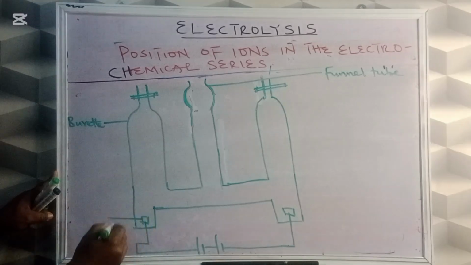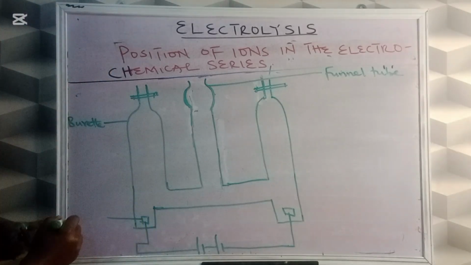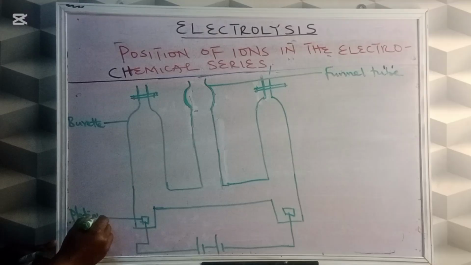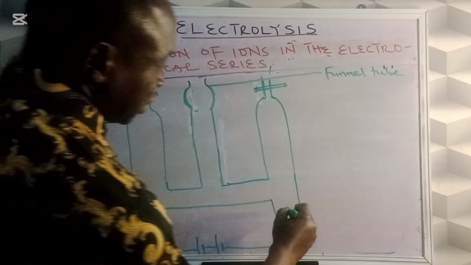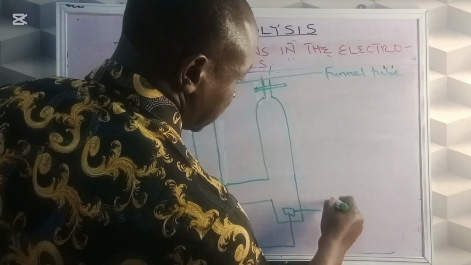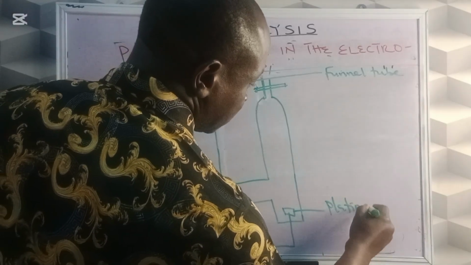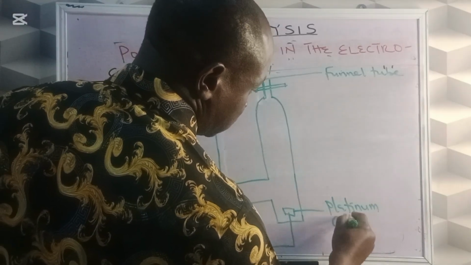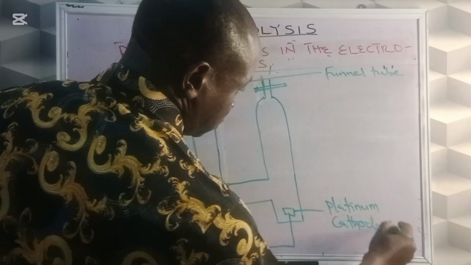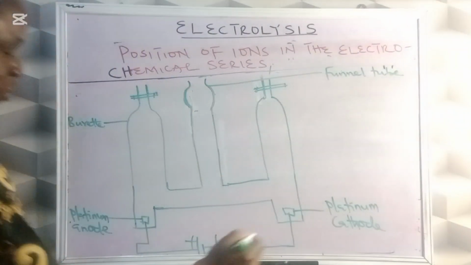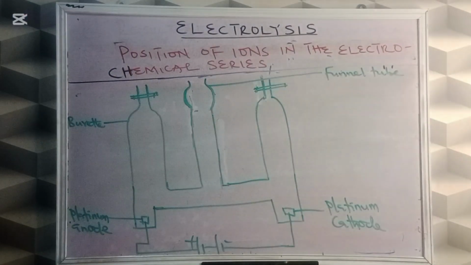So this is the platinum anode, and this is the platinum cathode. You have the battery, plus and minus.